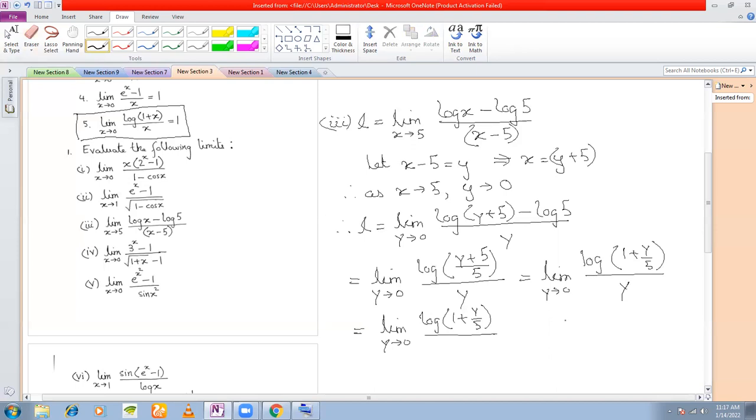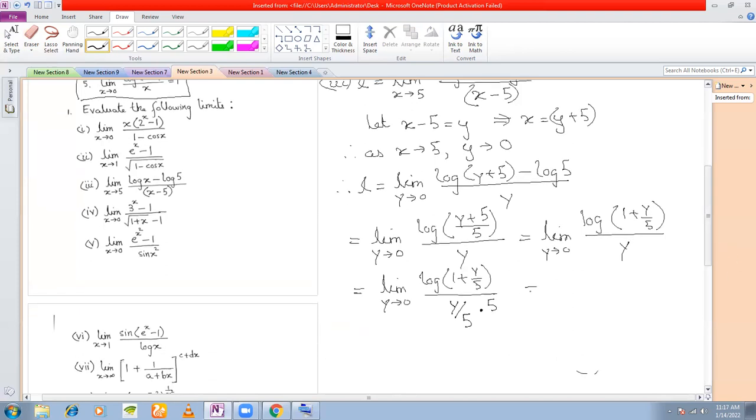Right? And what is missing in the denominator here? You see 5 is missing in the denominator. So I give it a 5. And because I'm multiplying the denominator by 5, I have to multiply by 1 by 5, right? So I can now take 1 by 5 out of this limit.